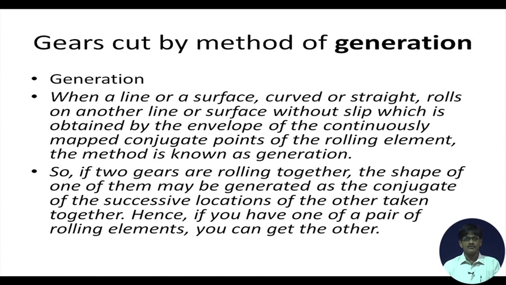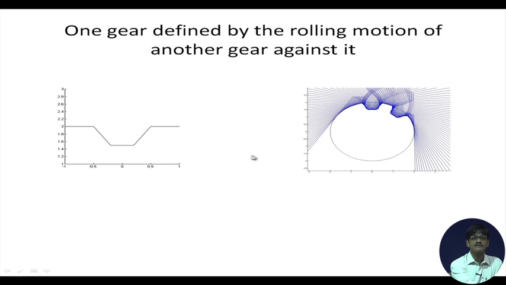In simpler language, in the case of gears, if two gears are rolling together, the shape of one of them may be generated as the conjugate of the successive locations of the other taken together. Hence, if you have one of a pair of rolling elements, you can get the other from the rolling motion of the first one. This shows the rack geometry that I am rolling as if it is rolling against a virtual gear.